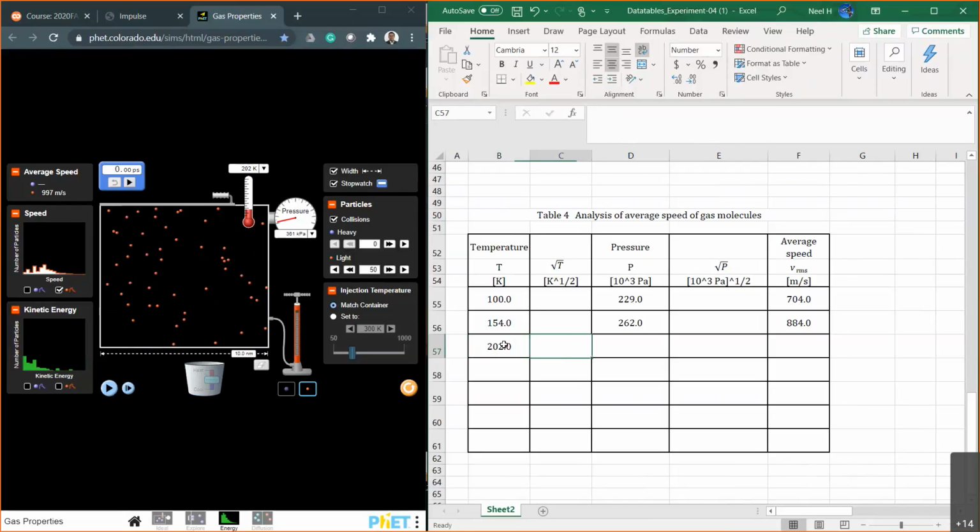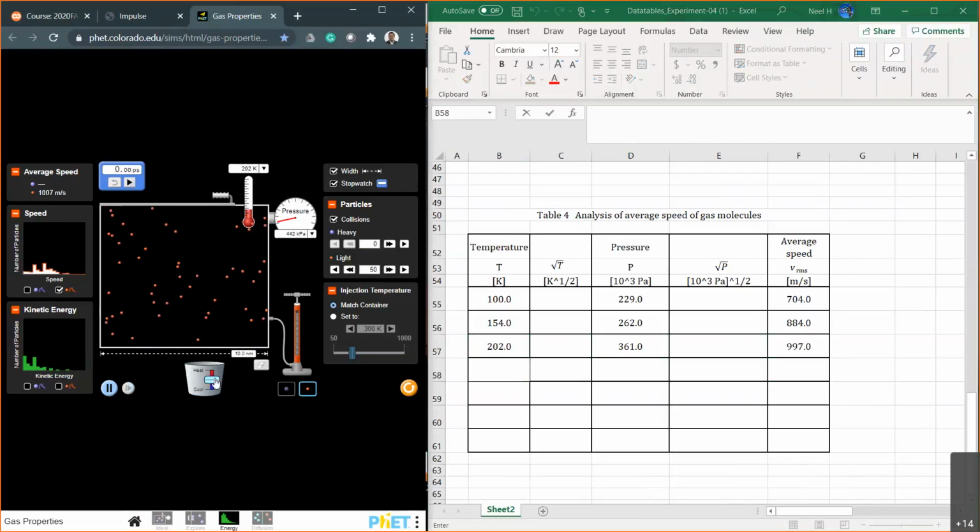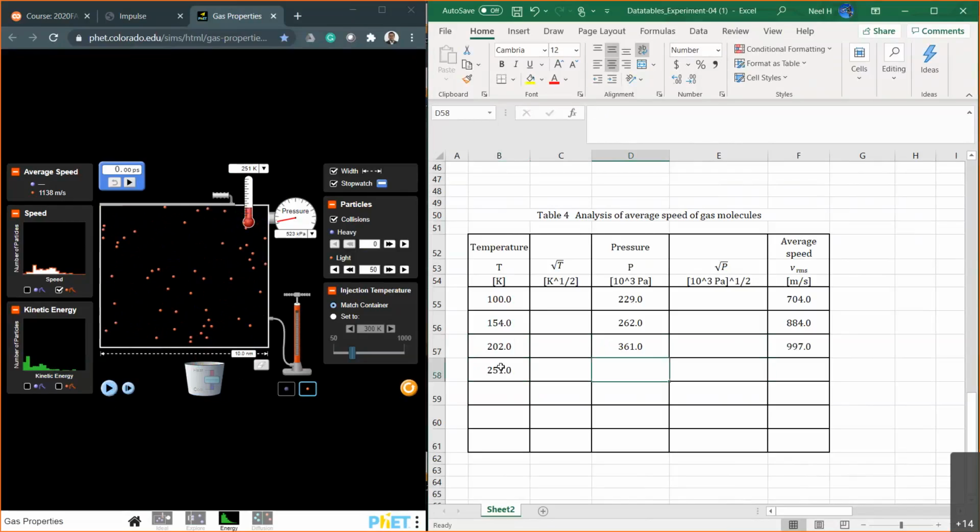202 I have for temperature, pressure is about 361, and average speed about 997. And go back into the play mode, and temperature 250 we need now. Temperature 251 I have there, pressure is about 523, and average speed about 1138.